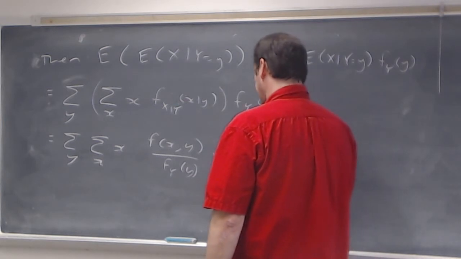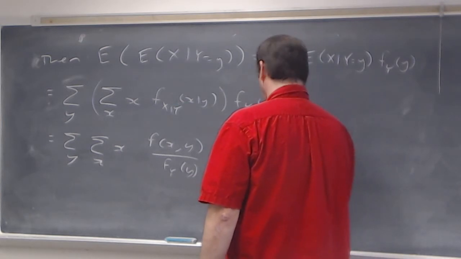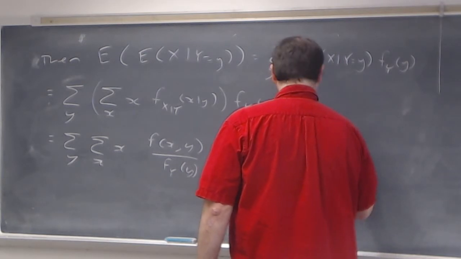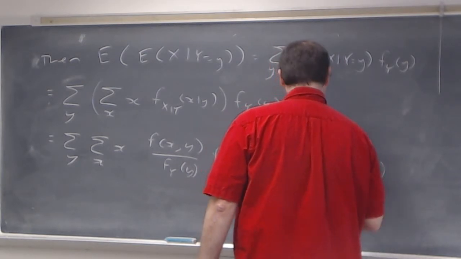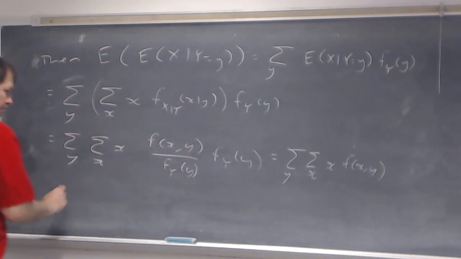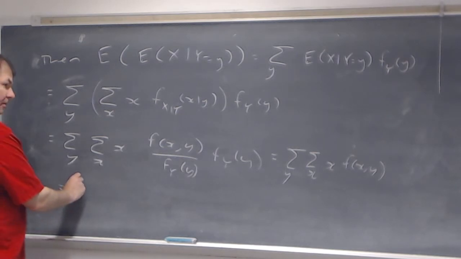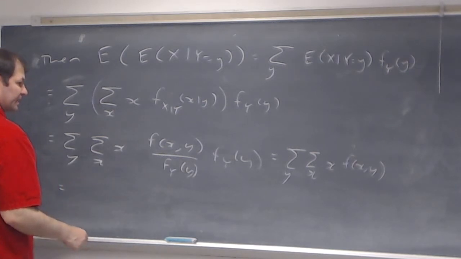And so what we end up getting here is a sum over the y's, sum over the x's of x, and here's f of x comma y. And then that is the definition of the expected value of x, but I'll go a little slower here. But that is a formula that gives you the expected value of x.